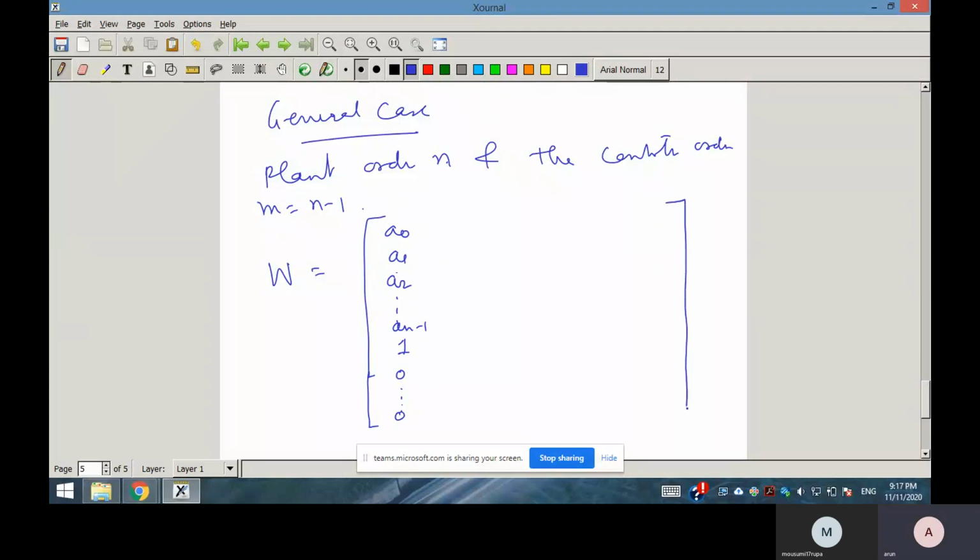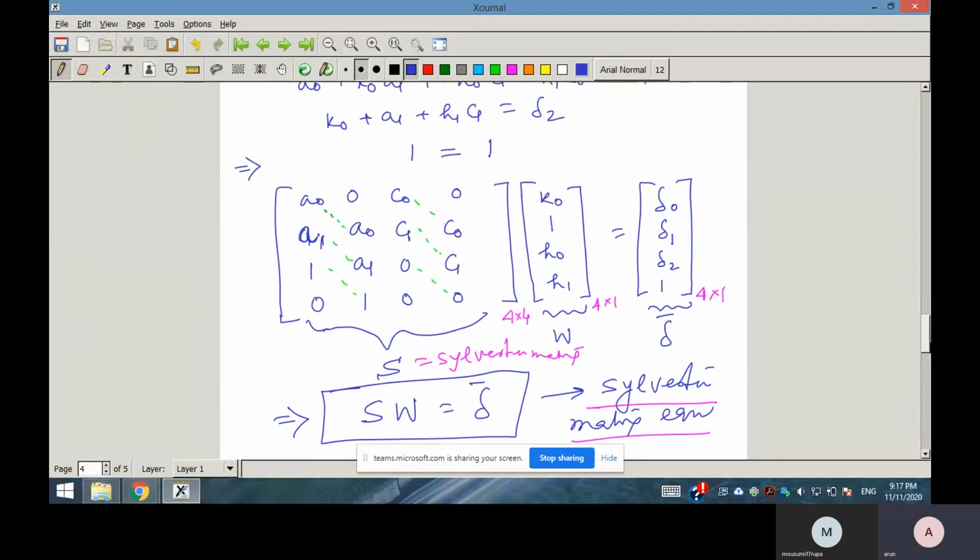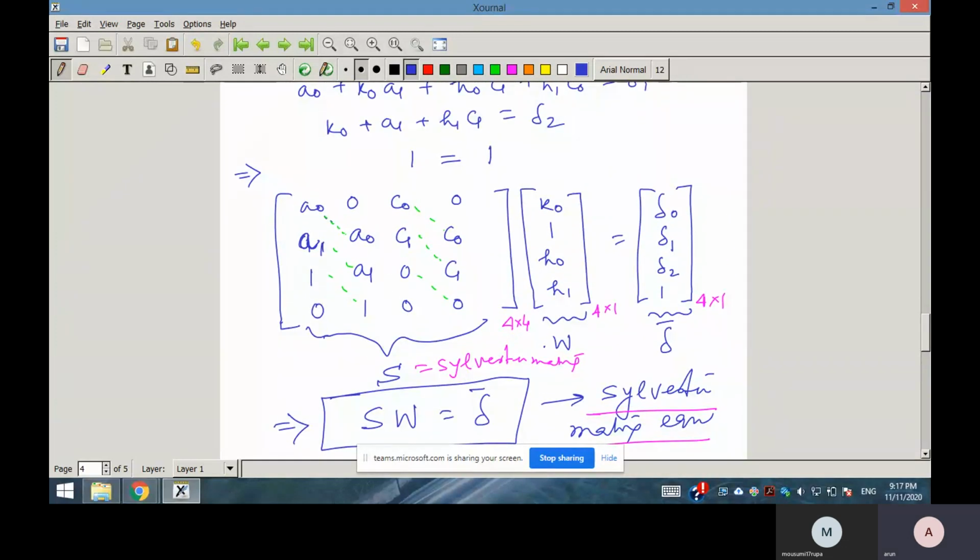And what will be the size? Here it is 4 cross 4. Why is it 4 cross 4? Because the closed loop pole polynomial was fourth order.